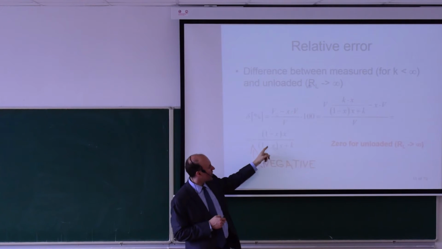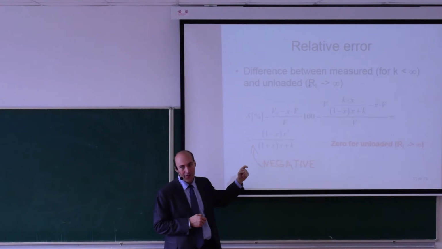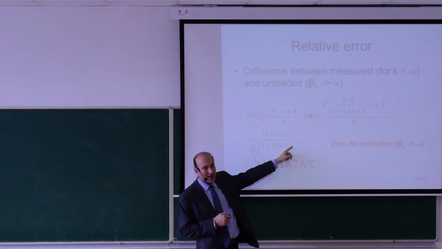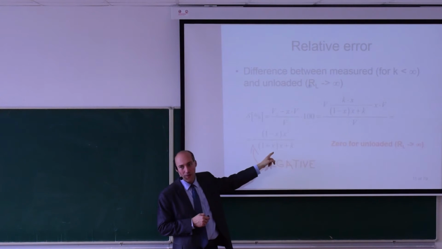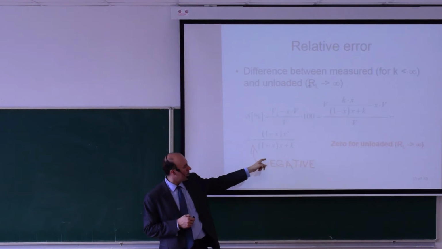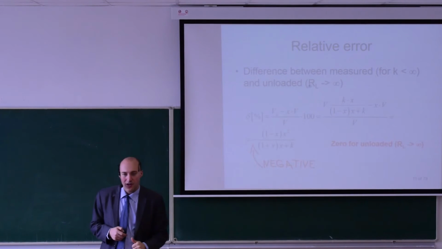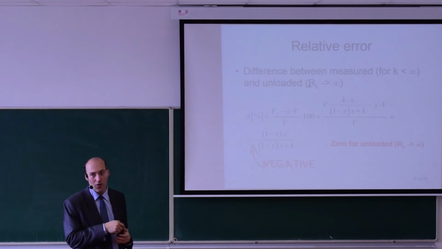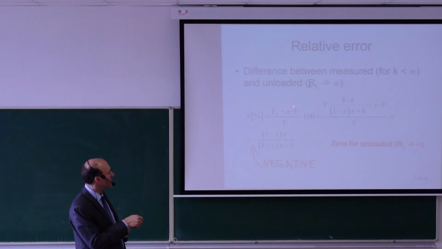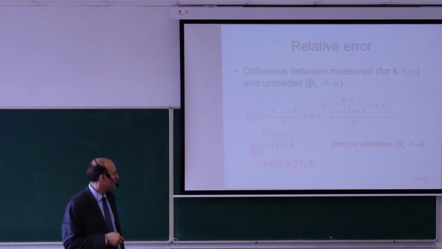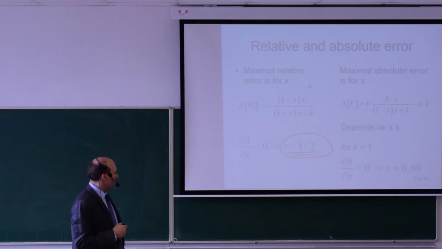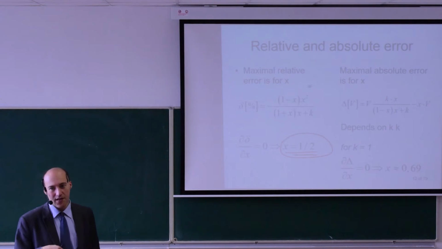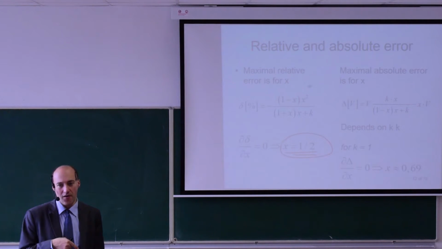From this equation, we can also see that if I have a value of K approaching infinity, when this is infinite, then this is going to 0. So if I would use a voltmeter with an infinite input resistance, I would have relative error 0. In other words, I would measure this correct voltage. From this equation, we can further calculate where is the position of maximal error.